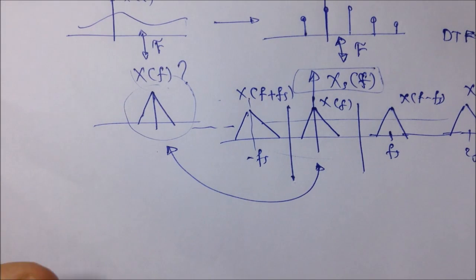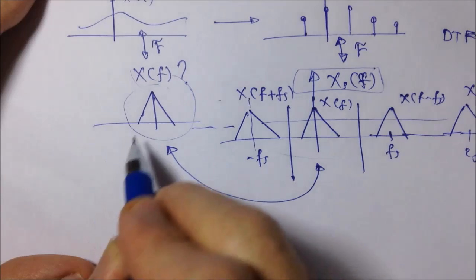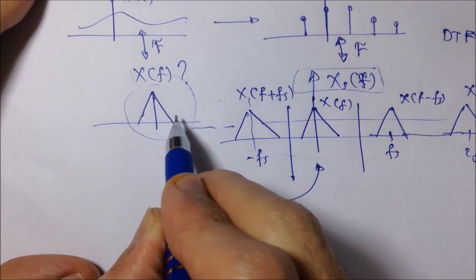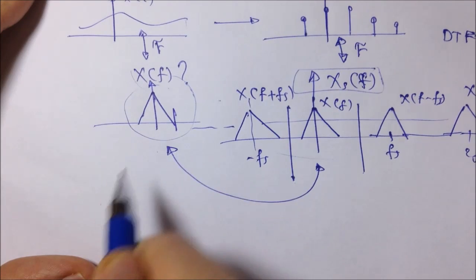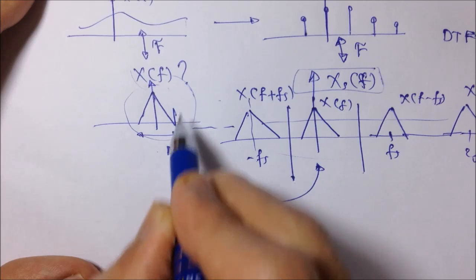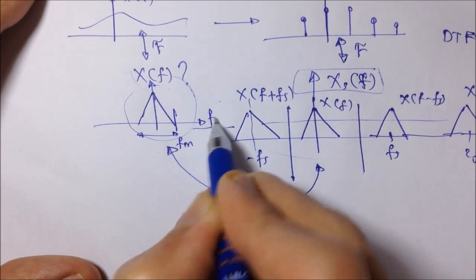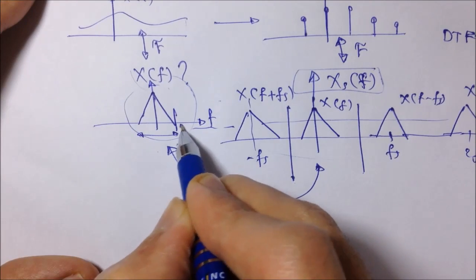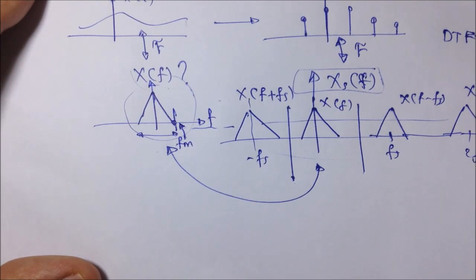Now we are going to address the principle of the Nyquist sampling criterion. Assume this signal has a band-limited spectrum with a maximum frequency of Fm Hertz. This is the frequency axis, and this is the maximum frequency in the signal.